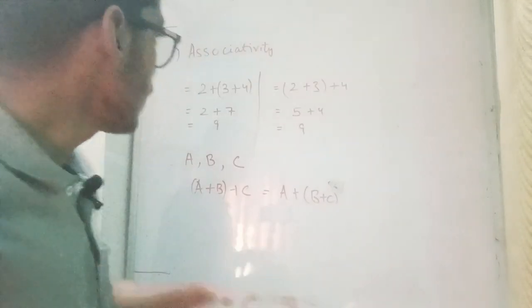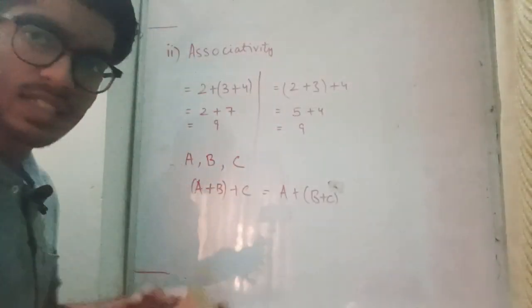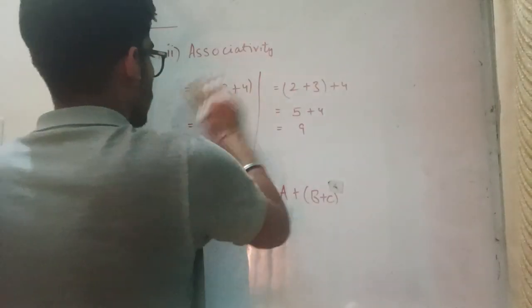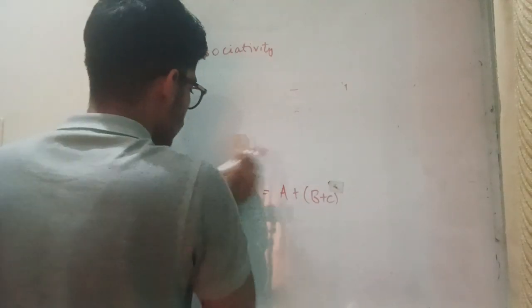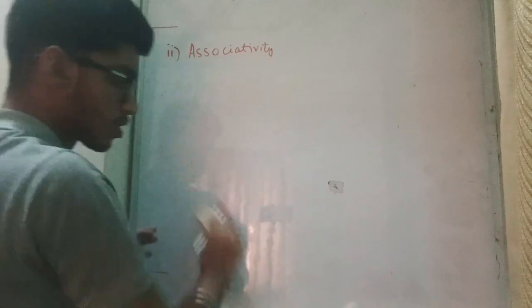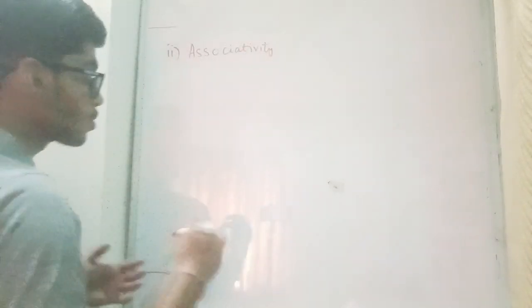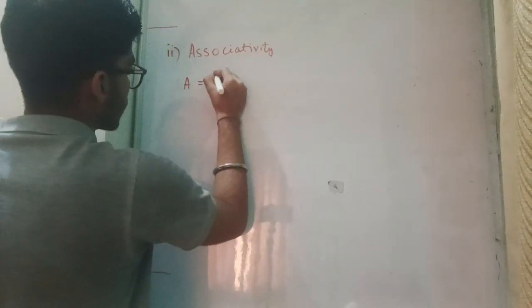So now we will try to prove this property in the same way we have done the proof for commutativity. It's not a rigorous proof, but it gives you an idea that it really holds true when we add more than two matrices. So let's say I have three matrices.